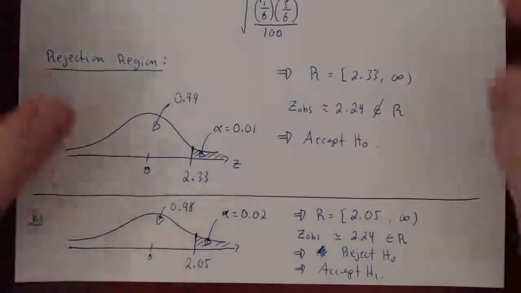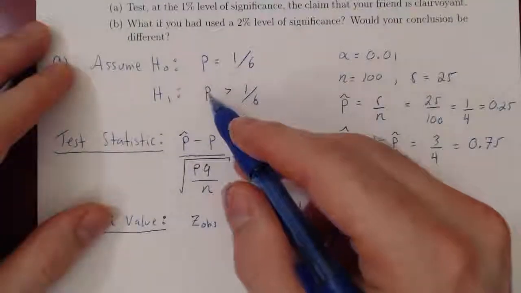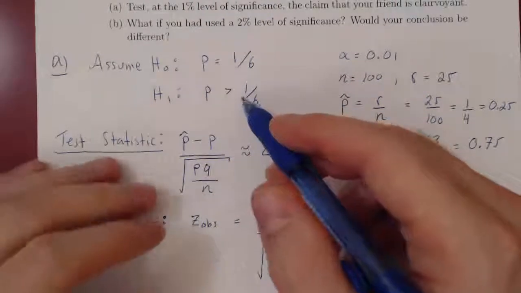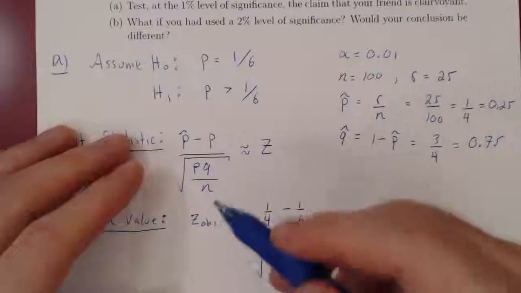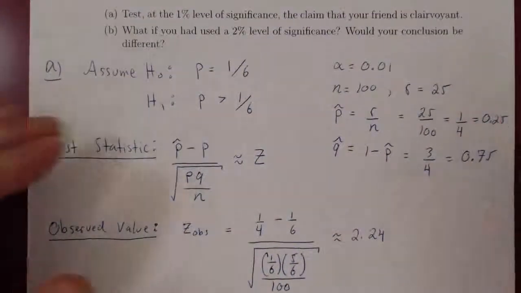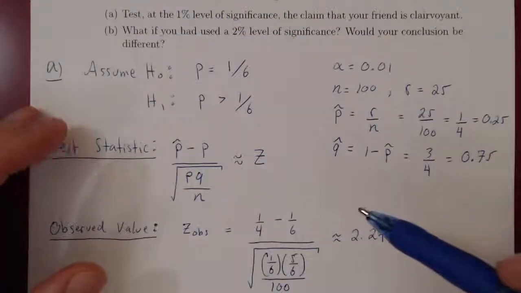And if we accept H1, that means that the proportion of times your friend is right is bigger than 1 out of 6, which would imply that we may believe your friend is actually clairvoyant. So you see, once again, the conclusion can be affected by the significance level.